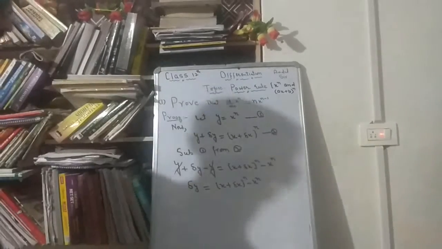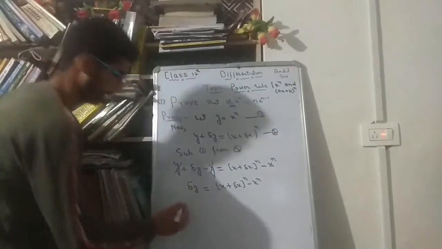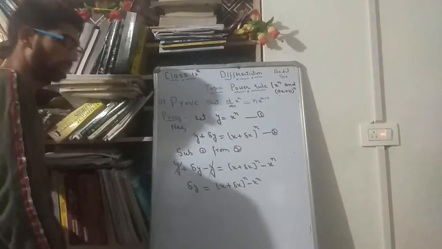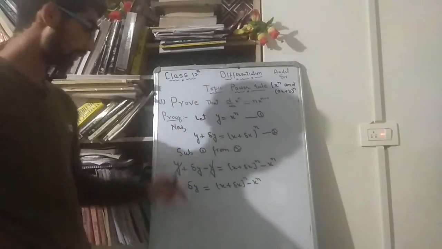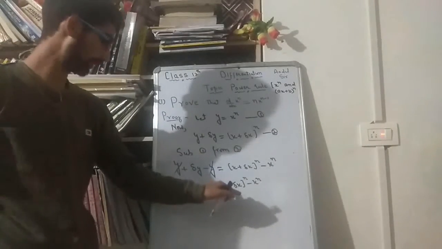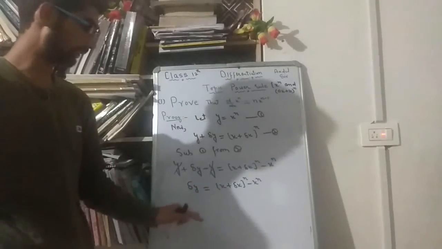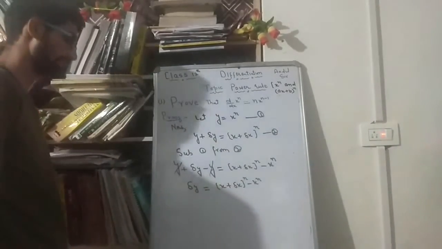Now our next step is to divide this equation by del x. So we divide by del x.